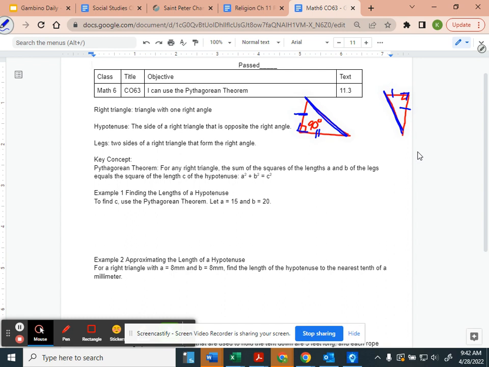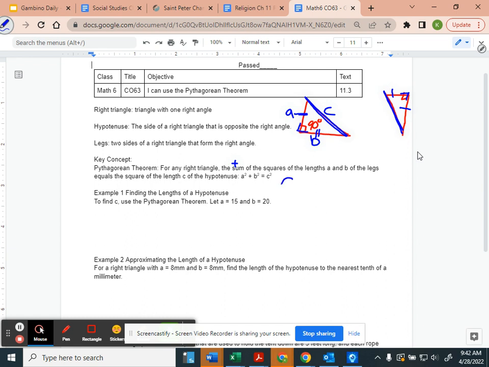So our key concept is the Pythagorean Theorem. For any right triangle, the sum, what does sum mean? Addition. Addition, we're adding. The sum of the squares of the lengths A and B of the legs, so we would call this A and this B, equals the square of the length C, the hypotenuse.